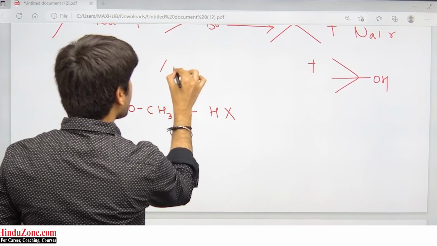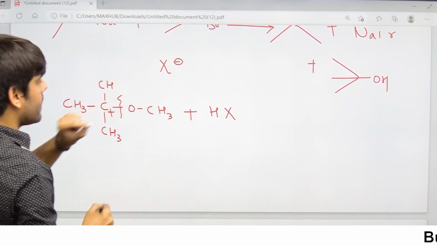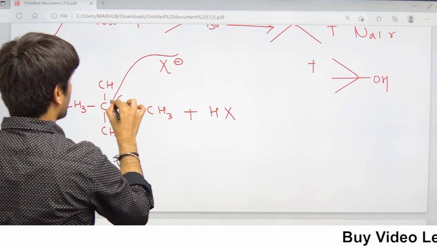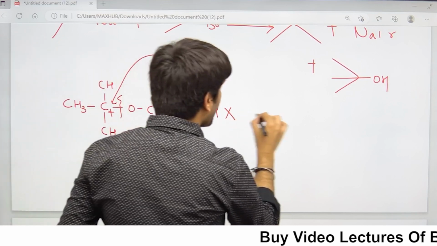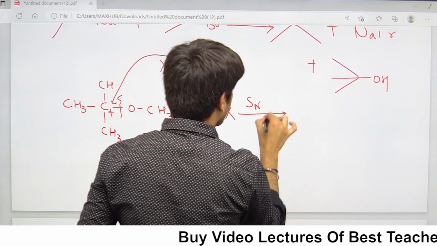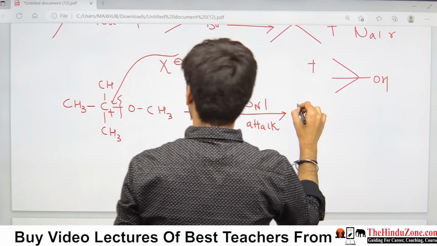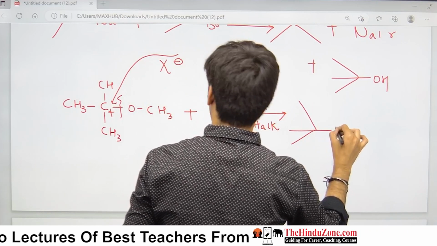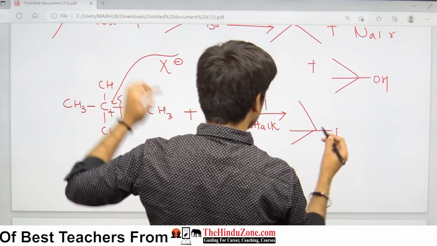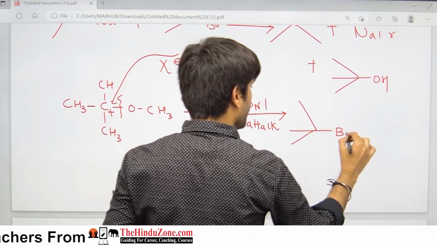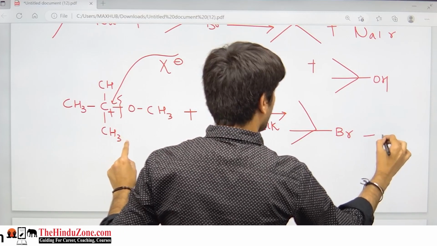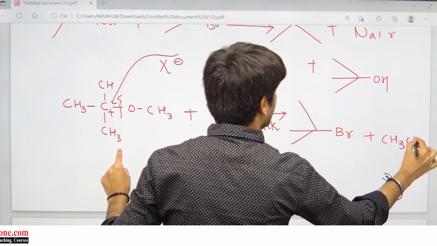So this X negative will undergo SN1 attack, and it will attack on this carbon, right? So SN1 attack is favored over here. And what is the answer? The answer is a 3 degree alkyl halide, but since it is HBr, you will also get methanol.